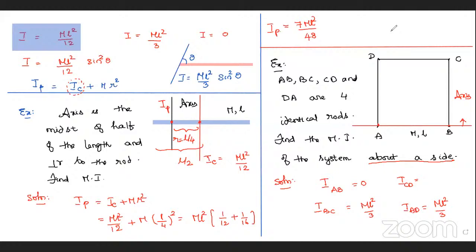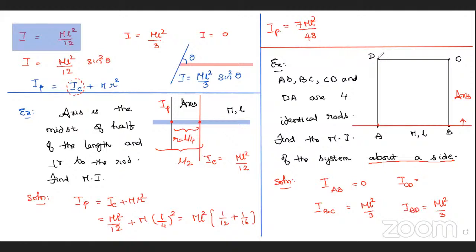Then here, this body, it is completely out of the body, so we have to take the total answer?